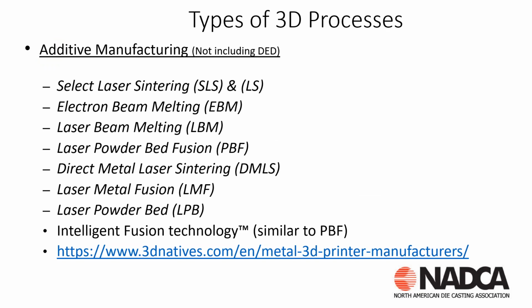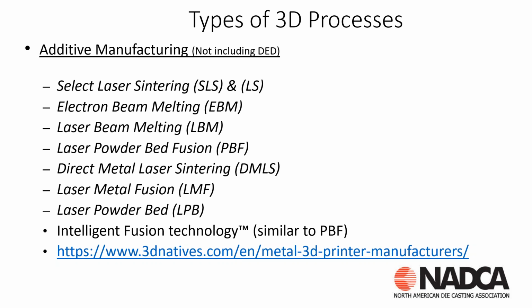Now, to get into the answer, we're going to talk about the different additive manufacturing processes. So here's a start of a list, and these are all the different processes that are used. We have selective laser sintering, electron beam melting, laser powder bed fusion, direct metal laser sintering, laser metal fusion, laser powder bed, and then we've got intelligent fusion technology.